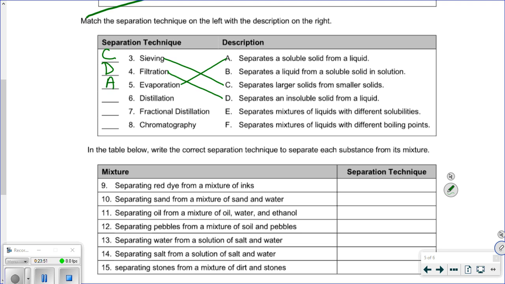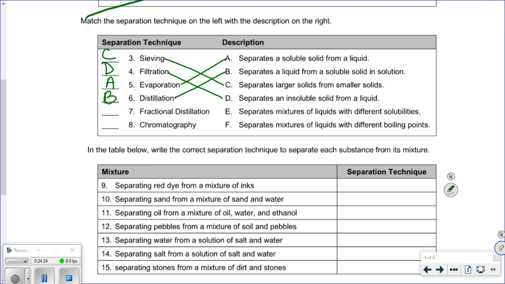Okay? Distillation. Now this is distillation, not fractional. This is regular distillation. And that is going to separate mixtures of liquids with different solubilities. Yes. E. Am I missing something? Separates a liquid from a soluble solid in solution. Sorry. Okay, or did I flip-flop that? They're almost the same.